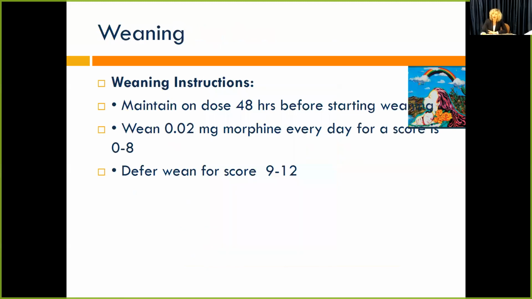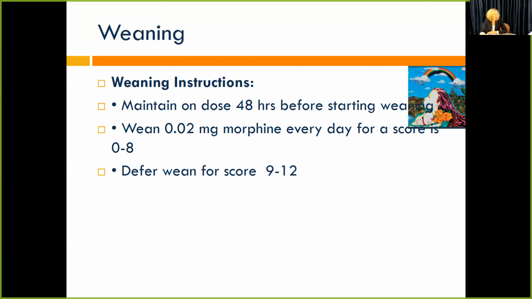Okay, so now we've got her comfortable. We start to think about when can we take her off this medicine, and the family's asking about how we do the weaning. So we want baby Rose to stay stable on her current dose for 48 hours before we start weaning. And then we will wean by 0.02 milligrams about every day.